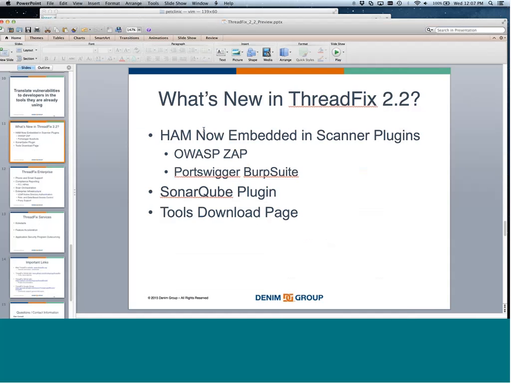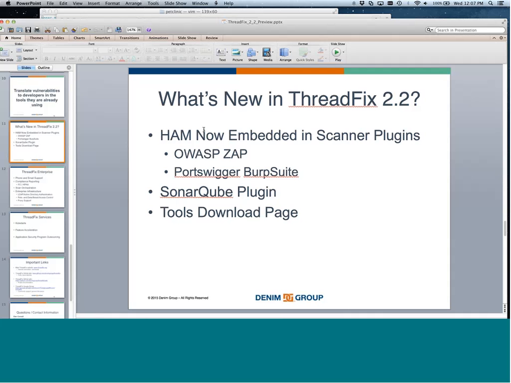In addition, with ThreadFix 2.1, or actually I think it was with 2.0, we released scanner plugins for OWASP ZAP and for PortSwigger's Burp Suite that use the hybrid analysis mapping technology for something a little bit different. What we can do with our hybrid analysis mapping technology that's relevant to scanners is pre-calculate the attack surface of an application.